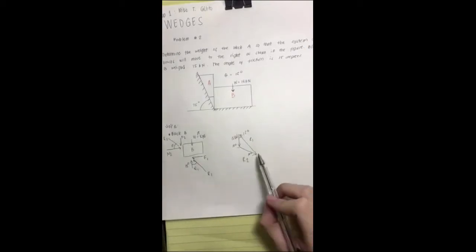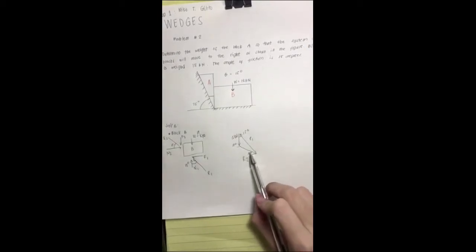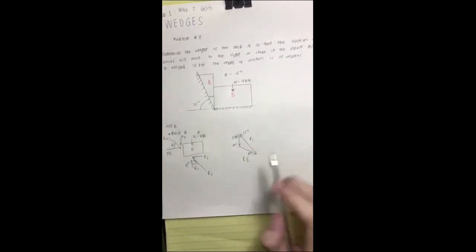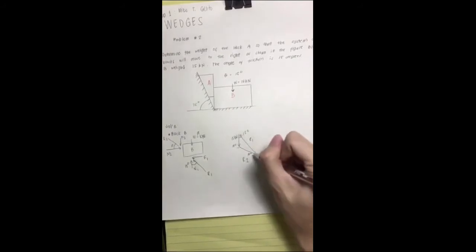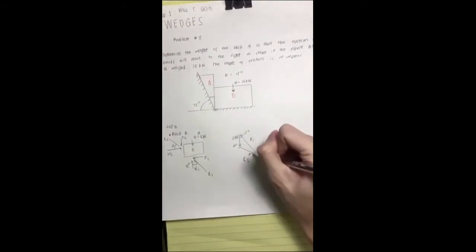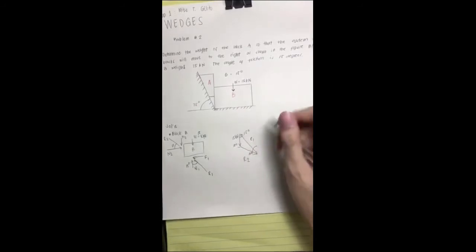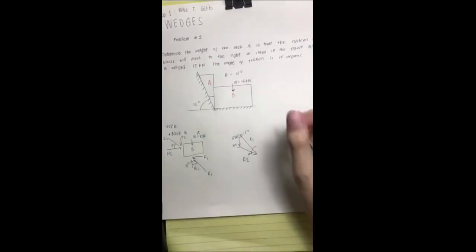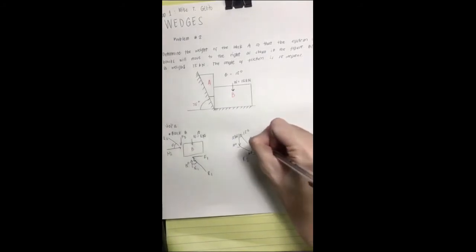Next, we're gonna find the angle here. To find the angle, we can subtract the 15 from 90 degrees, since this is a right triangle. So 90 minus 15 degrees is equal to 75 degrees.